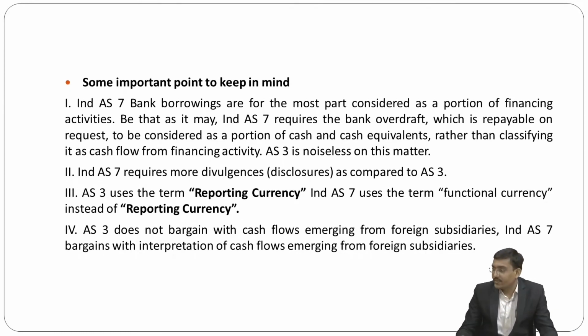The next is that Accounting Standard 3 does not deal with cash flows emerging from foreign subsidiaries, and Indian Accounting Standard 7 deals with the translation of cash flows emerging from foreign subsidiaries.